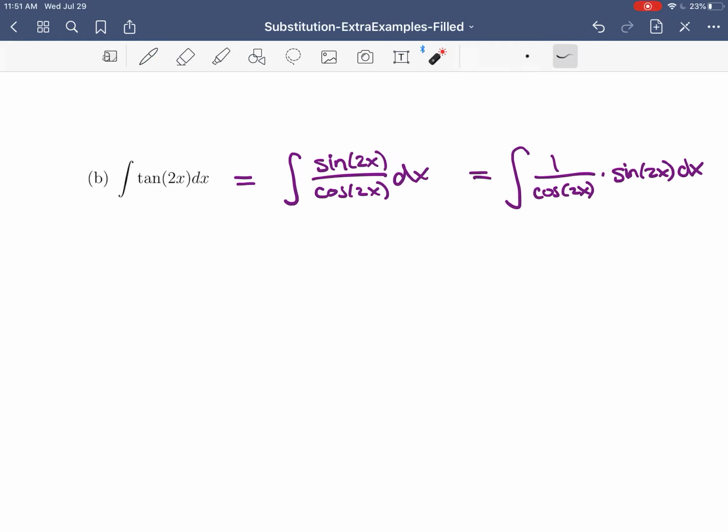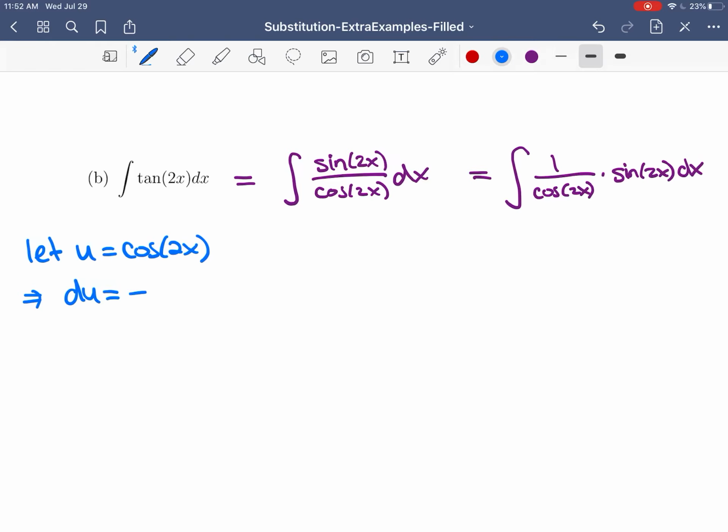Okay, so again, I have cosine in the denominator, and the denominator is something that I know I can pick, that can be useful. And the derivative of this is something like this. So that seems promising. So let's let u be cosine of 2x. Then du is, I need to use the chain rule here.